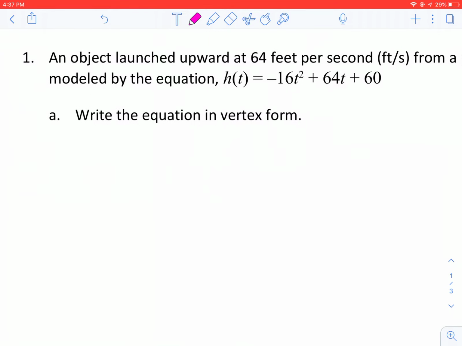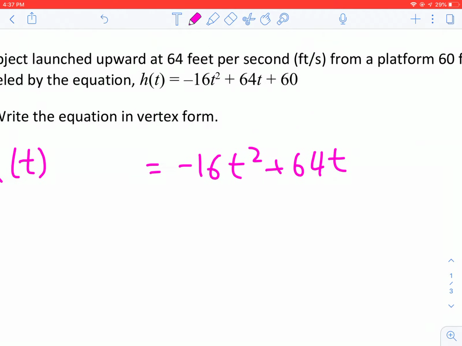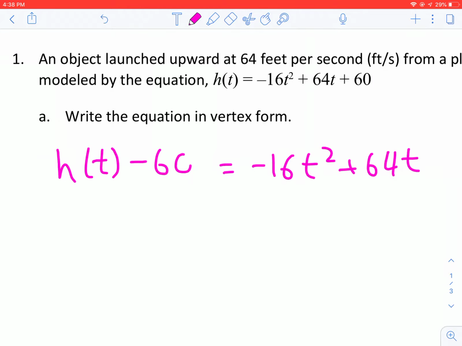So anyway, writing this in vertex form, h of t equals negative 16 t squared plus 64 t plus 60. The first step is to move the constant, which is the 60, to the other side. So I'm going to subtract 60 from both sides, and I'll get h of t minus 60 equals that.